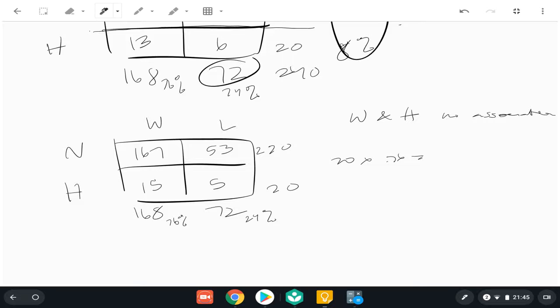Alright. Layton won 168 out of 240 games. Oh man, come on, really? So there's a... Okay. 168 over 240 equals 70% chance to win.